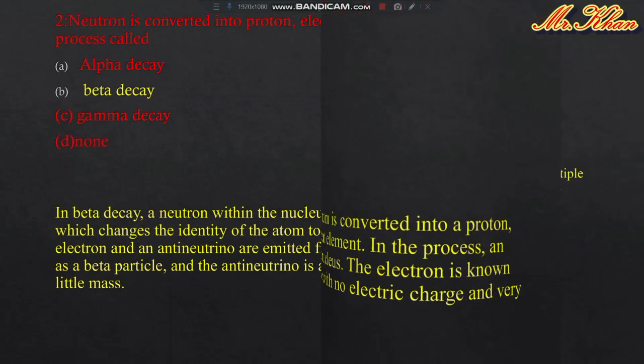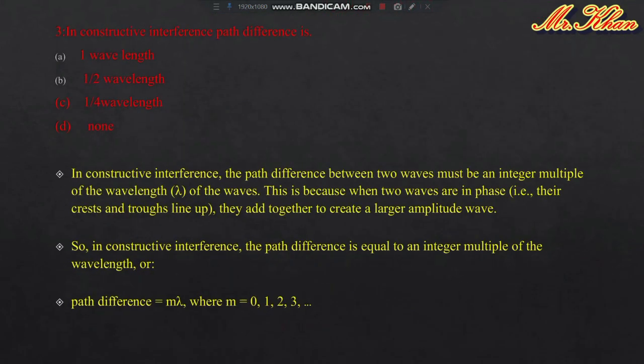Question 3. In constructive interference, the path difference is: A. 1 wavelength, B. 1/2 wavelength, C. 1/4 wavelength, D. None. In constructive interference, the path difference between two waves must be an integer multiple of the wavelength, lambda, of the waves.